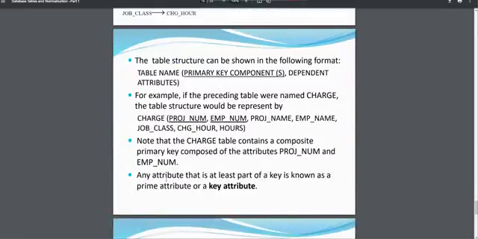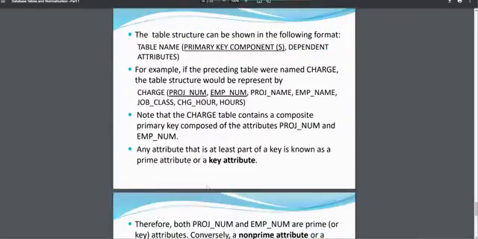Here, a very important term is key attribute. Any attribute that is at least part of a key is known as a prime attribute or key attribute. Right? We can understand.